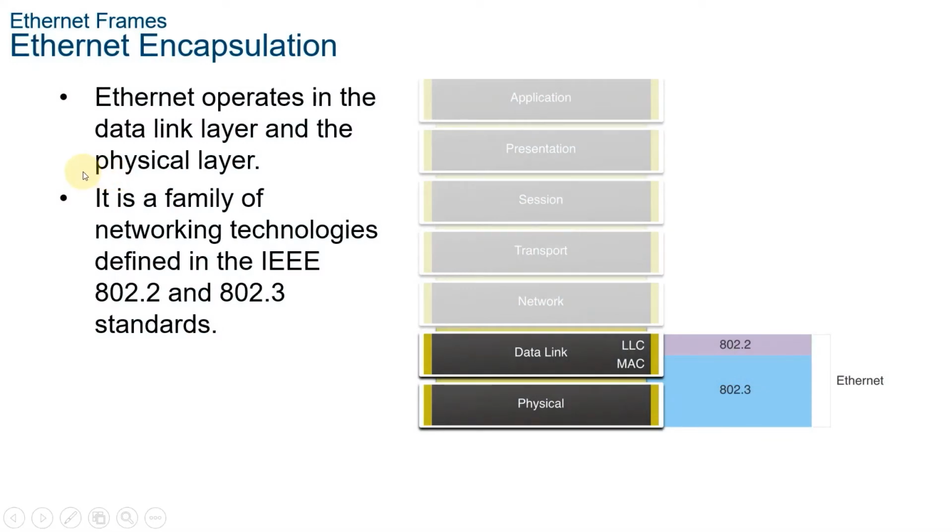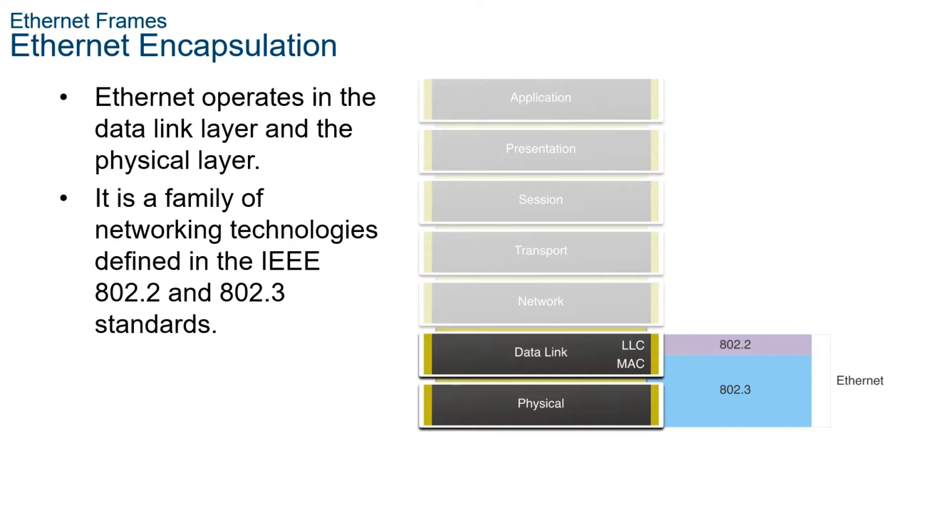Let's start with Ethernet encapsulation. This module starts with a discussion of Ethernet technology, including an explanation of the MAC sublayer and the Ethernet frame fields. Ethernet is one of the two LAN technologies used today, with the other being wireless LANs, or WLANs.